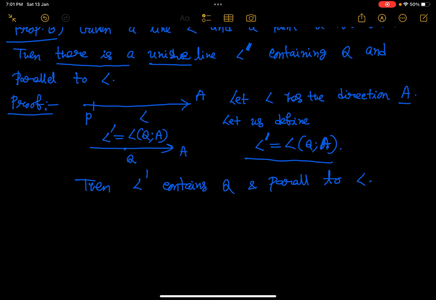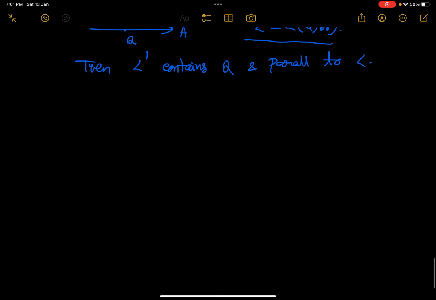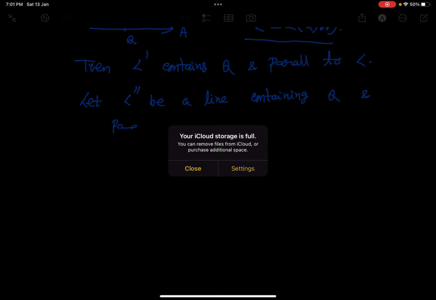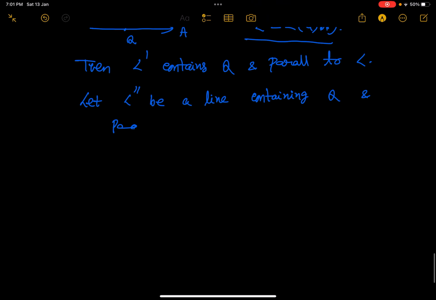But we proved that if we have two lines L of P comma A and L of P comma B through the same point, so let L double dash be a line containing Q and parallel to L, another line.